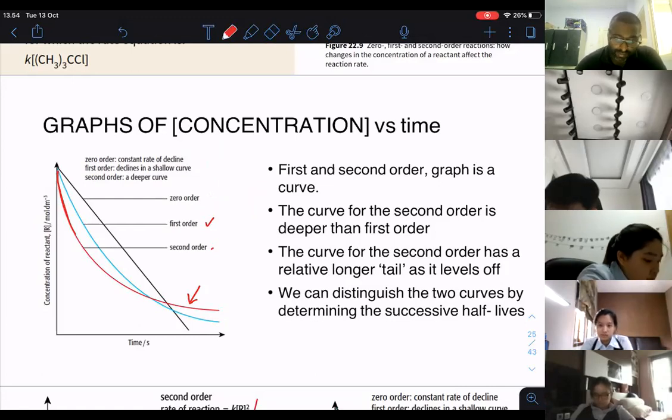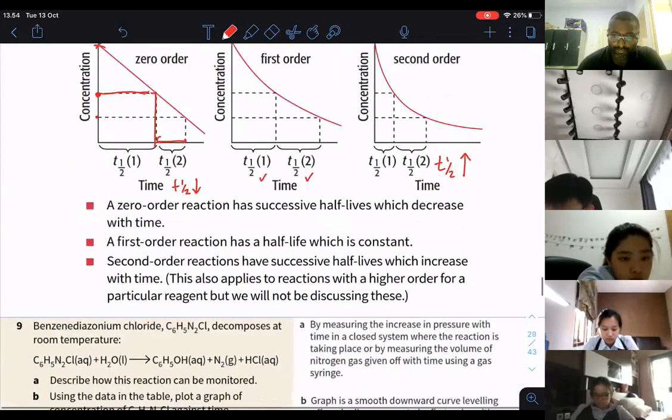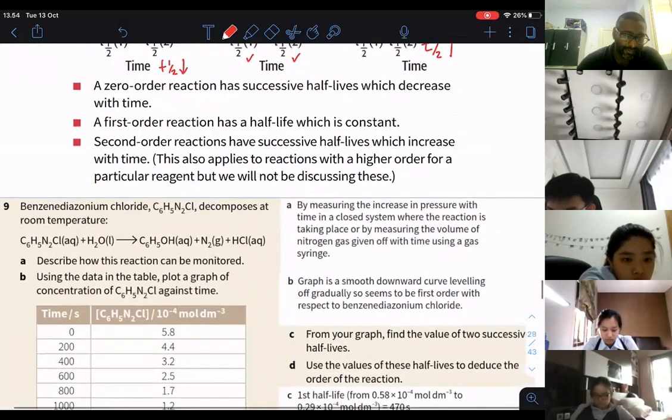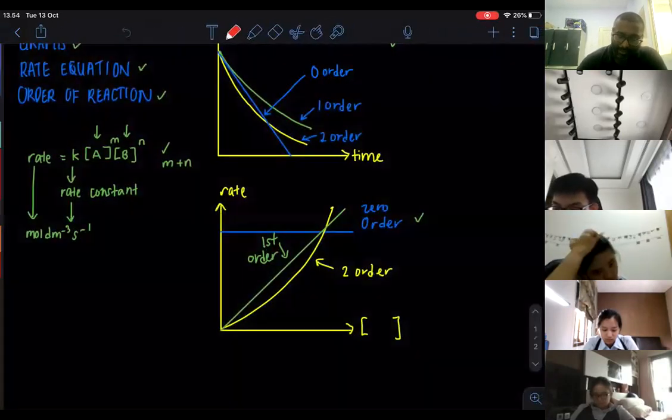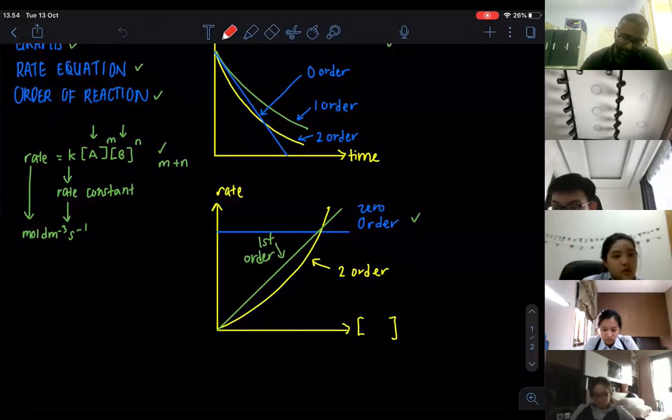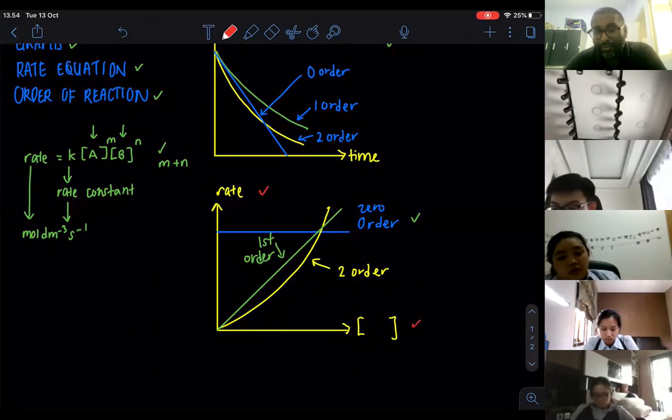This half-life is going to be one of the ways. When it comes to rate against concentration, you can decide easily which one is zero order, which one is second order, which one is first order, because all the shapes are different.